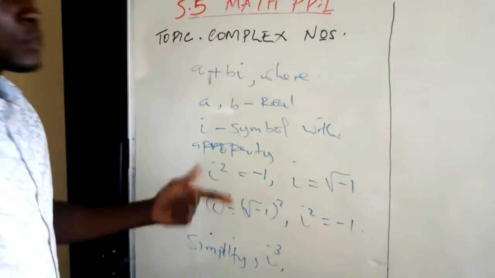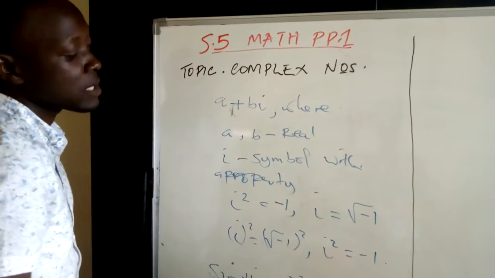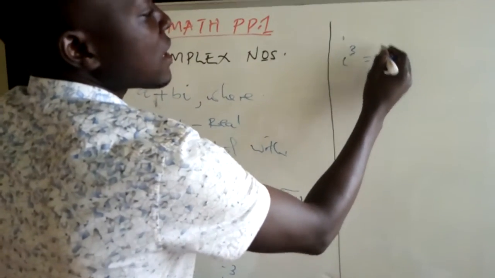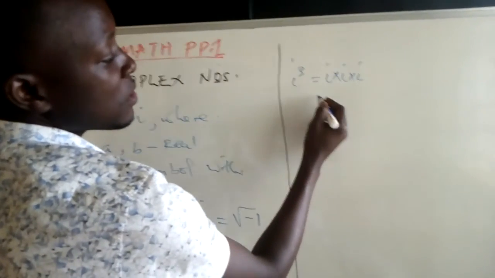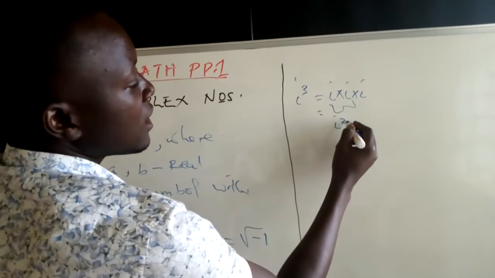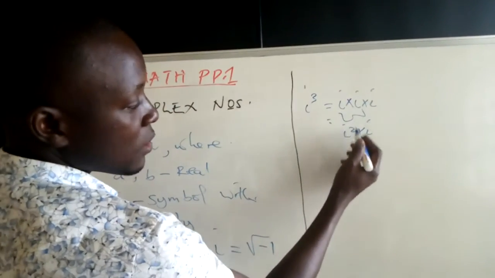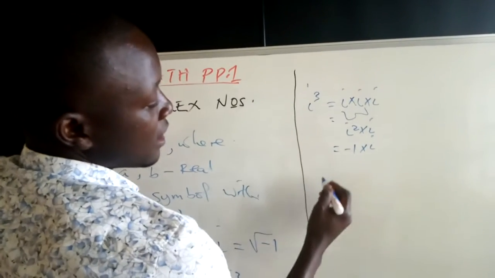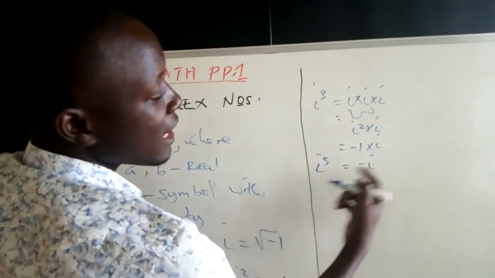You have to apply the property that we have just looked at, because i power 3 is the same as i times i times i. We know that i times i is i squared, and i squared alone is -1, times i. Therefore, it gives us that i cubed is -i.